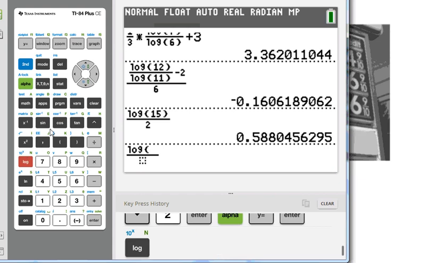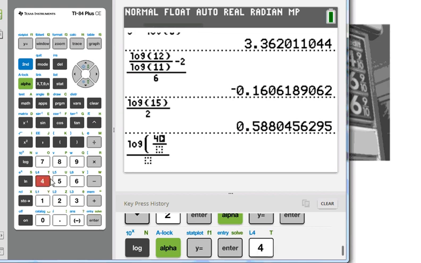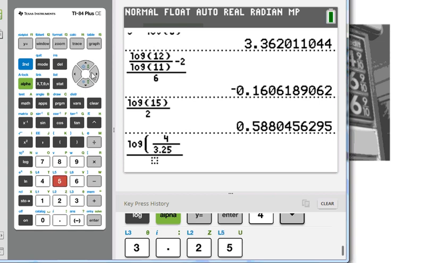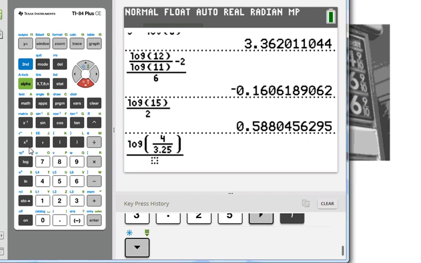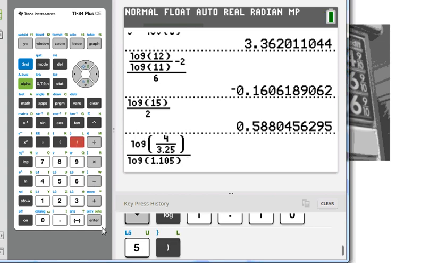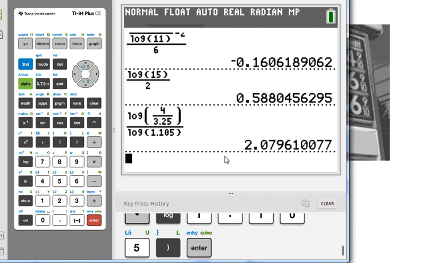So we have log of 4 over 3.25 over log of 1.105, and that's going to be equal to about 2.08, we'll call it.